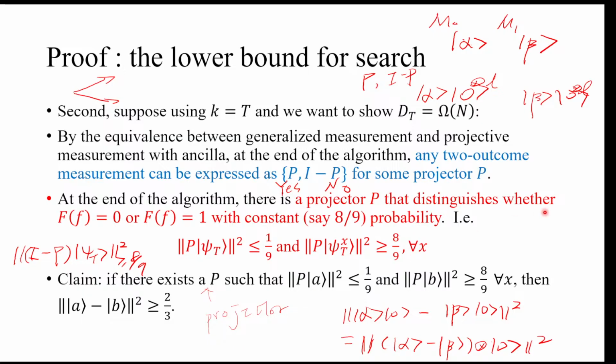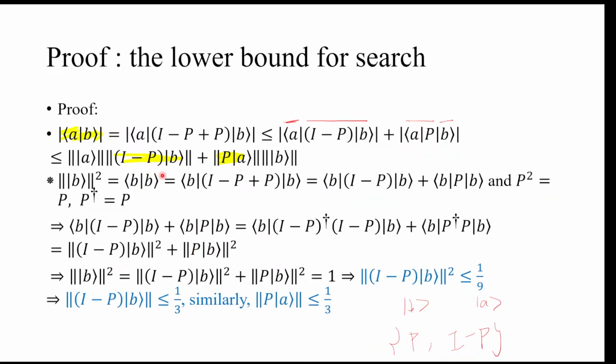We have the norm of P on A squared is less than 1 over 9, and the norm of P on B squared is greater or equal to 8 over 9. We get our P and 1 minus P by breaking the identity matrix in the middle. We can put the identity matrix between A and B and say it's 1 minus P plus P. That's true for any matrix. Now we break it into two different parts of multiplication.